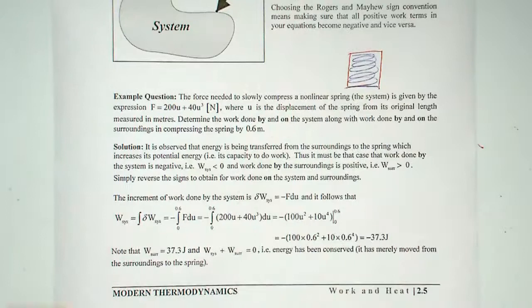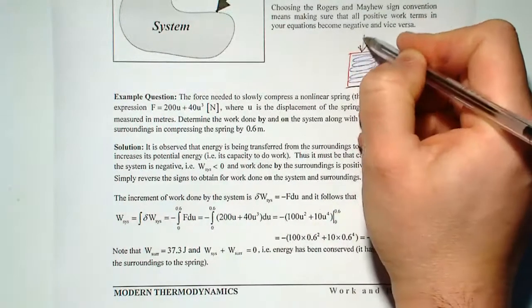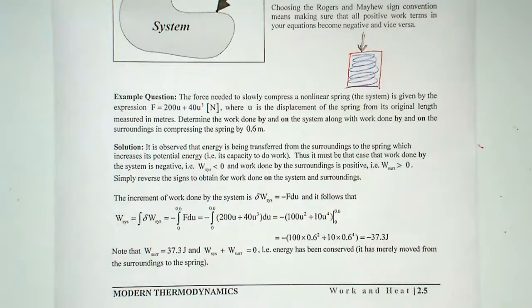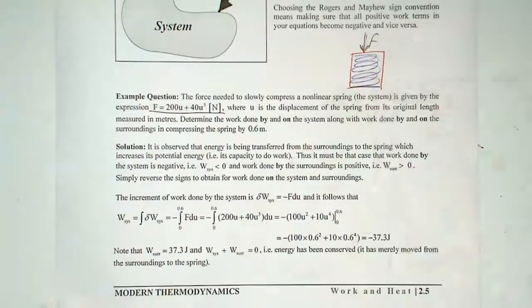You've got some external compression force applied to this nonlinear spring, and this compression is given by this expression. So the force here is defined by this equation, and in fact, it's a function of u. U in this case, and for the rest of the chapter, doesn't represent velocity. It represents displacement.